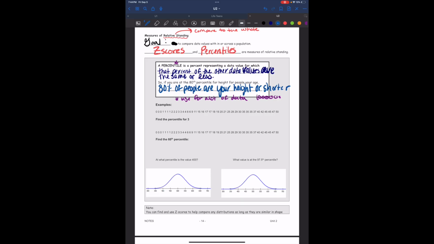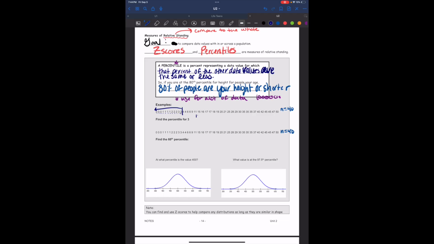I already counted these all up, and there are 40 data values in each of these data sets. But regardless, we're going to use those to help us find the percentile. For the first one, it says find the percentile for 3. So we want to know what percent of data values are 3 or below. When I count that up, there are 1, 2, 3, 4, 5, 6, 7, 8, 9, 10, 11, 12.